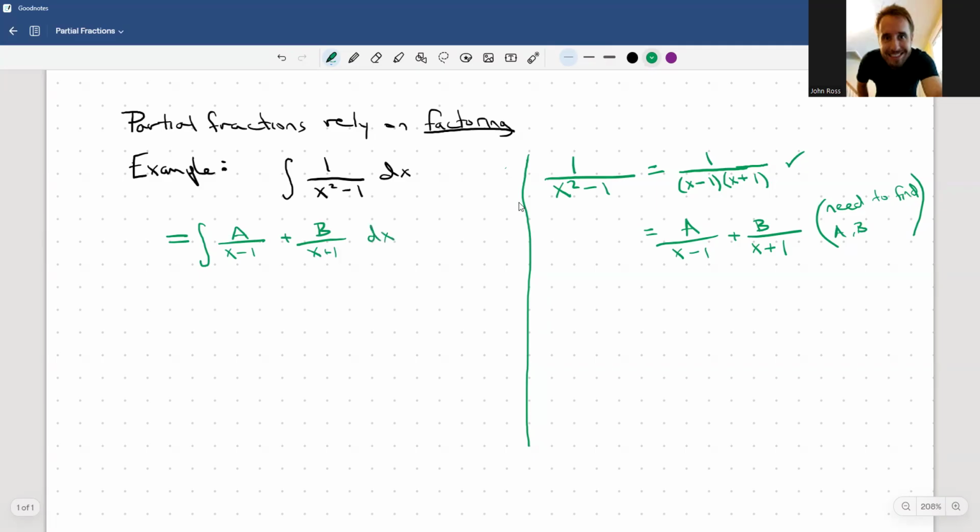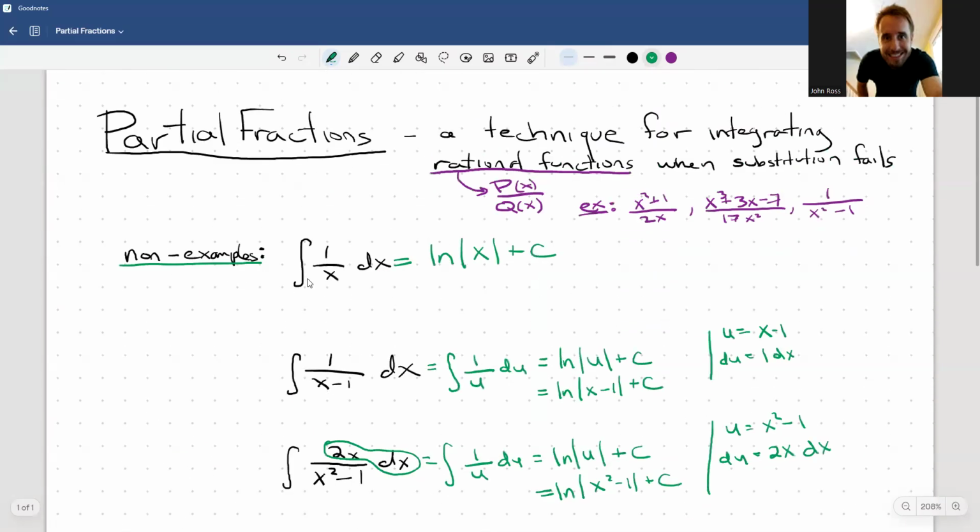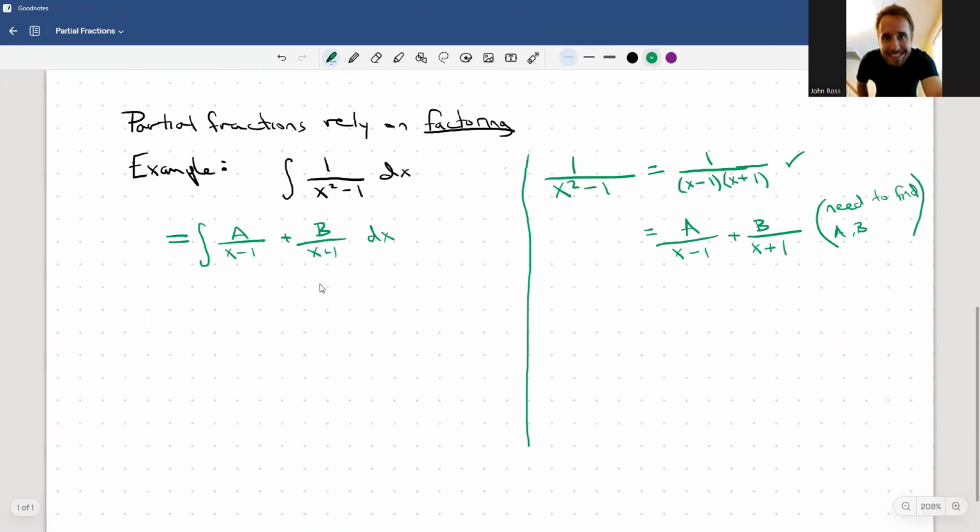And then I would have these two individual pieces that I'm trying to integrate. And both of those could be treated in a manner similar to this middle manner here. So notice the 1 over x minus 1, that looks very similar to what we would end up with down here, for both the A over x minus 1 and then separately, but equivalently, the B over x plus 1.